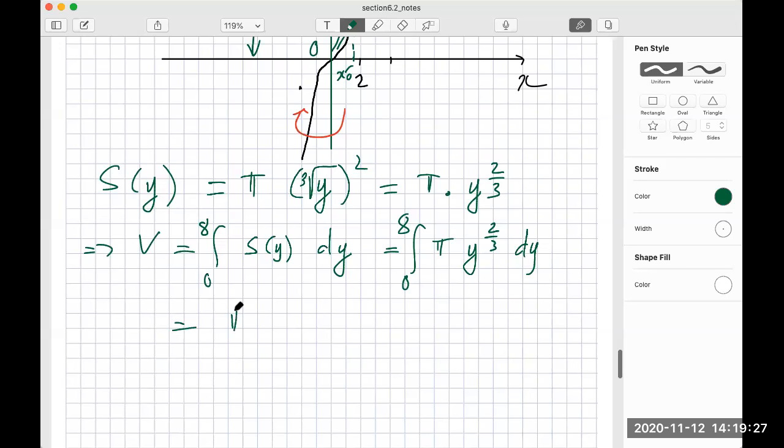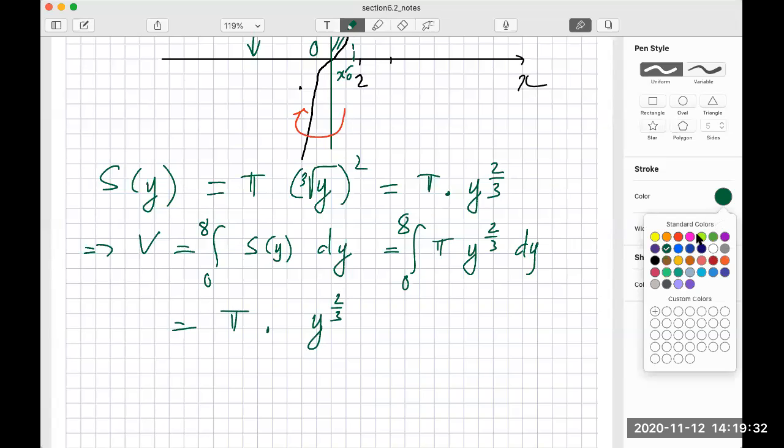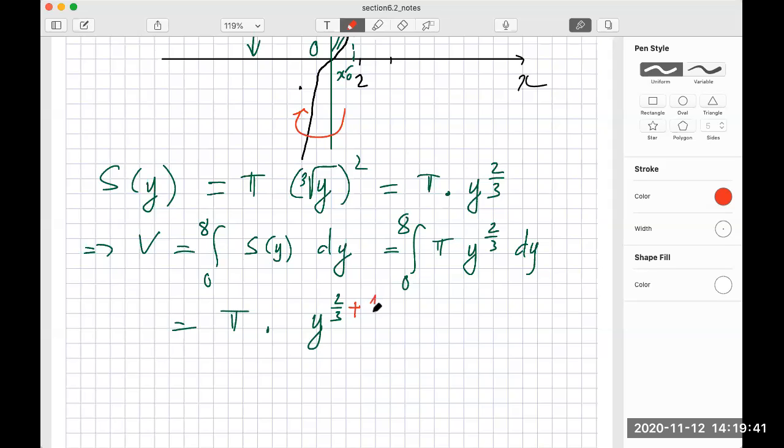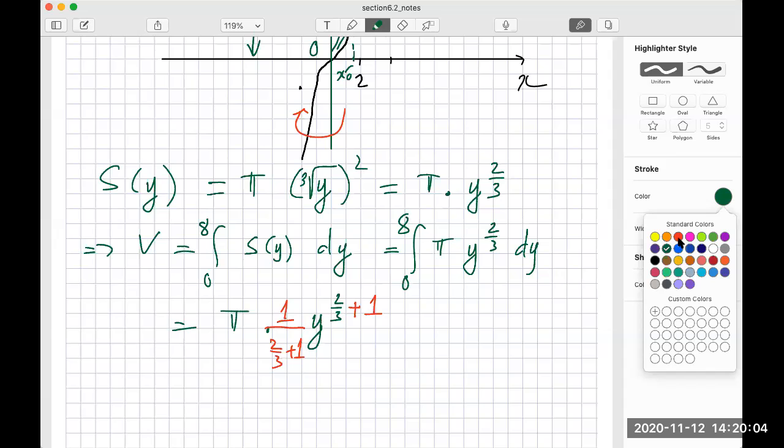The antiderivative of this guy will be y to the 2/3 plus 1. Remember, antiderivative is the reverse of derivative. Therefore, this will be 2/3 plus 1. And then, what should we do? Very good. Divided by the same power here, so that when we take the derivative, they will cancel each other, okay?